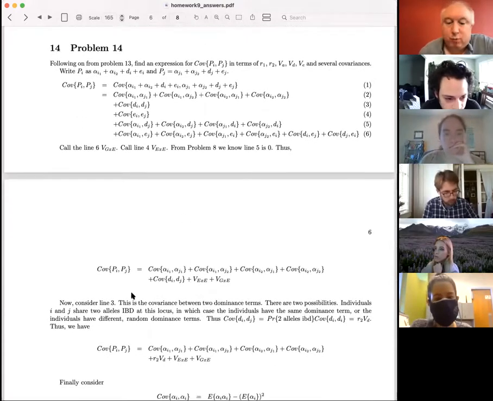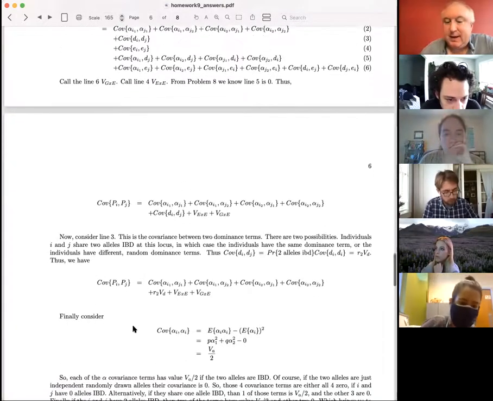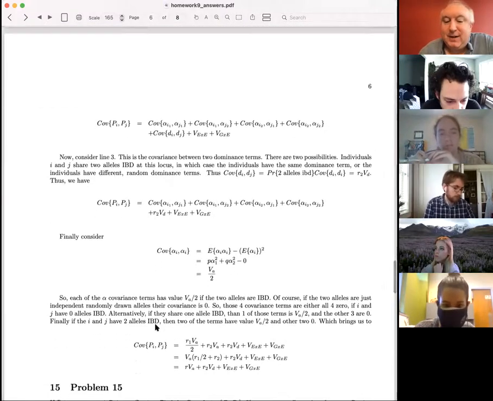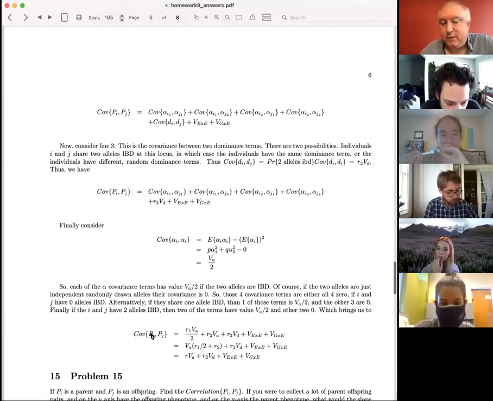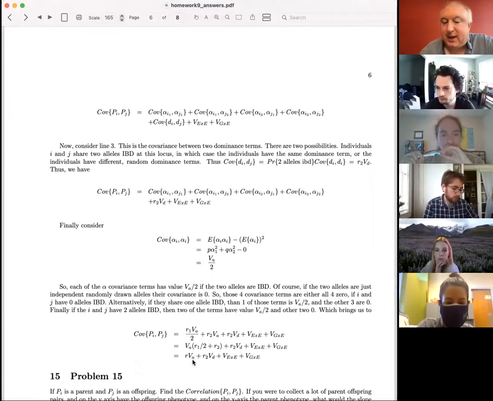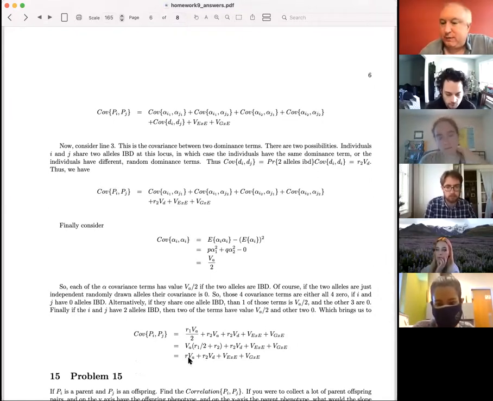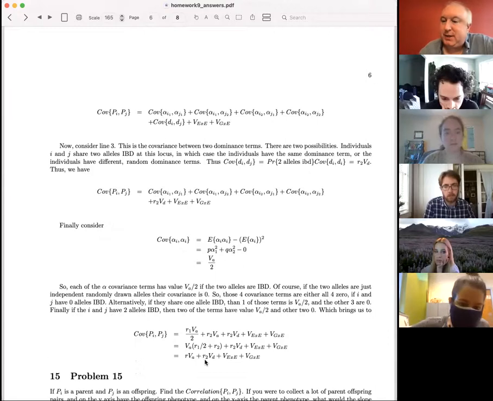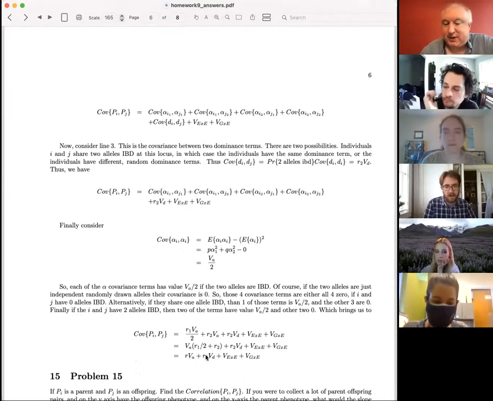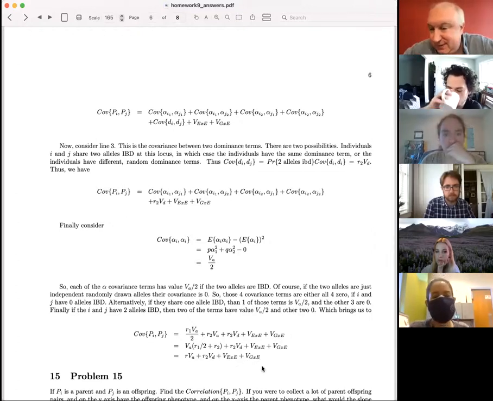And we're going to identify which ones are actually variances and finally get through something that says the covariance of one individual with the other looks like the additive variance times something that will be known as the coefficient of relationship, plus R2, the probability they share 2 alleles identical by descent, times the total dominance variance, plus whatever environmental interactions they shared and whatever gene by environment interactions they shared.